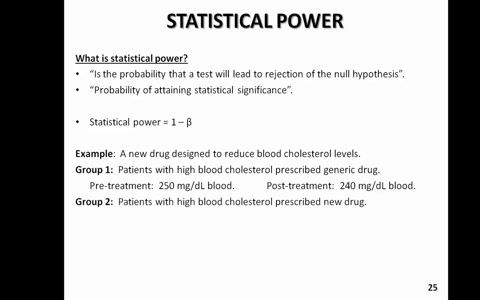The participants in group 2 also include patients with high blood cholesterol, but these patients were prescribed a new drug. And the results here indicate that prior to using the new drug, the blood cholesterol level was 245, and post-drug usage or post-treatment it was 230.